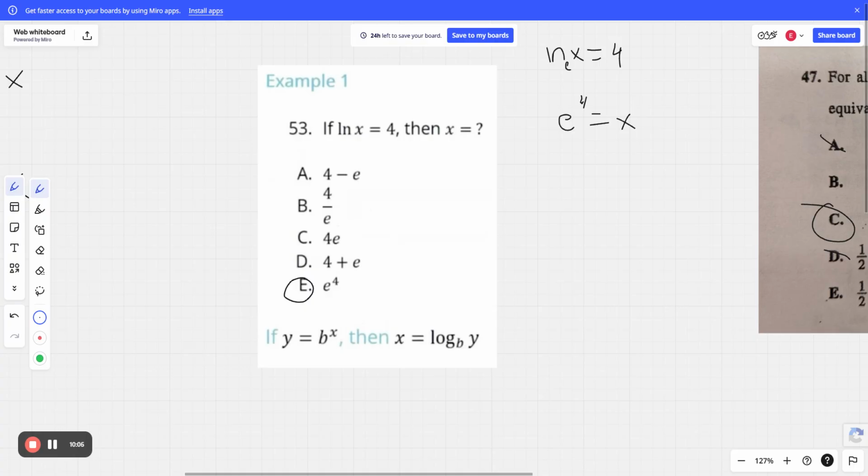Like I said, natural logarithms are very simple, very similar to logarithms. They're normally used in finance when you want to calculate continuous exponential growth, with the formula P times e to the power of rate times time.